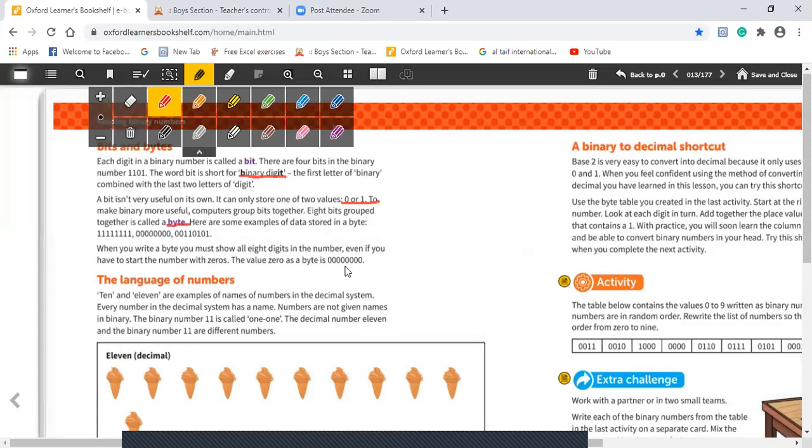Whatever the number is, you can store it in a byte, but on a bit you cannot store more than 0 and 1.